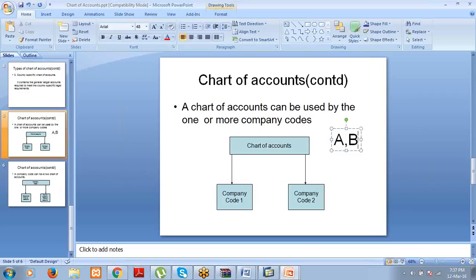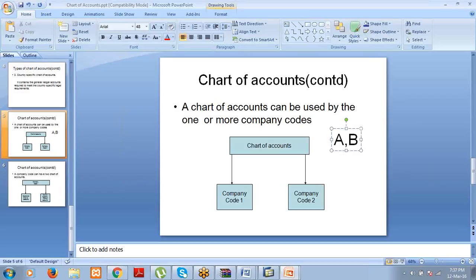Suppose, for example, A company code is in chemicals manufacturing and B company code is in textiles manufacturing. In that case, can the nature of GL accounts be the same? No. The nature of GL accounts will definitely be different. In that case, both the company codes have to have their own separate chart of accounts.